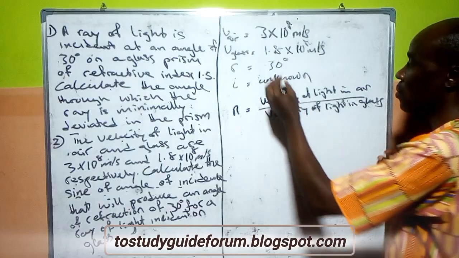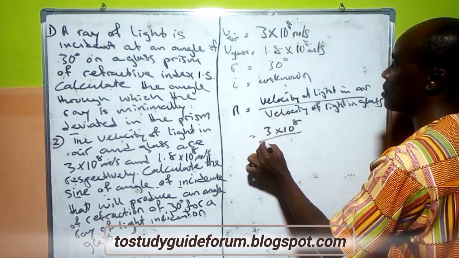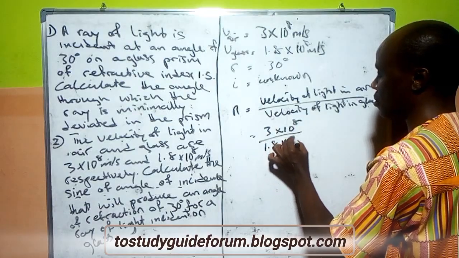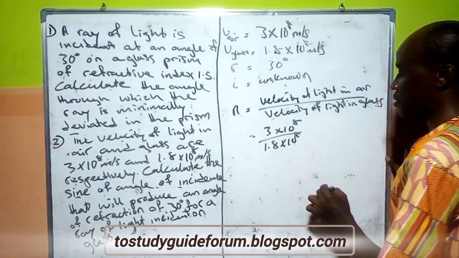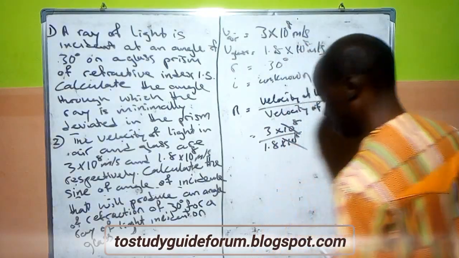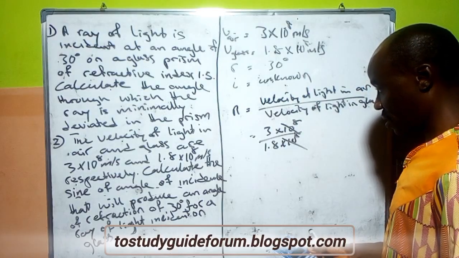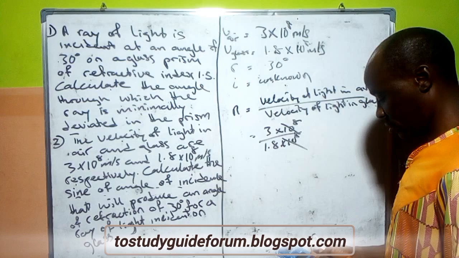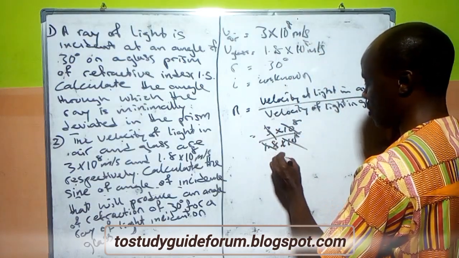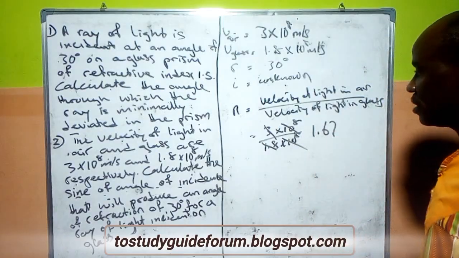So with that, we substitute that of air and that of glass, which is 1.8 times 10 raised to the power 8. So the next thing we have there is 1 divided by 1.3 divided by 1.8. We'll have this cancel out, we have 1.67. So this is our refractive index.